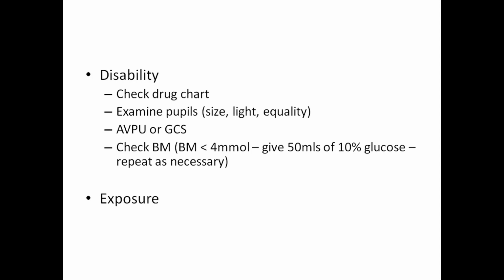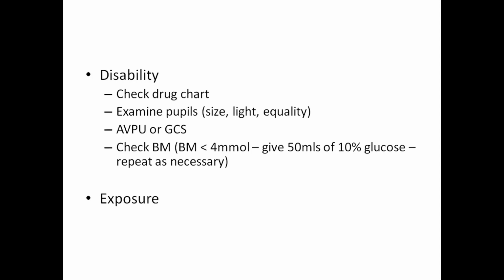Once I get to the point of considering disability or exposure, I'll then recycle myself through. We've taken all the appropriate actions as we've gone through in terms of airway adjuncts, thinking about oxygen supplementation, thinking about IV fluids for blood pressure. You may have picked up an arrhythmia on an ECG and need to think about acting on that arrhythmia.